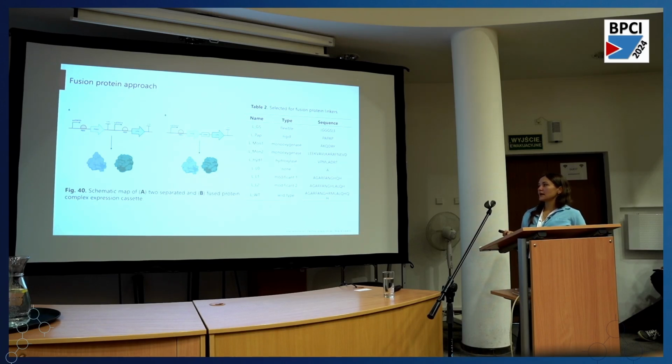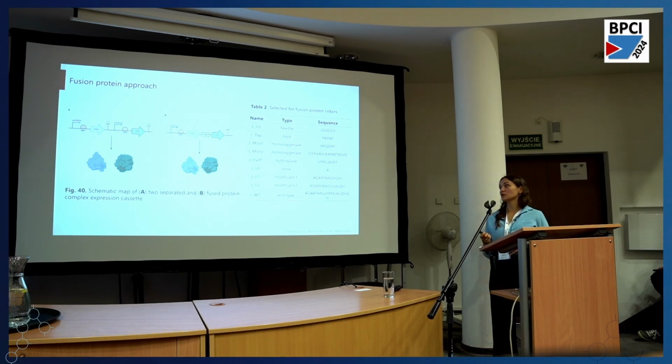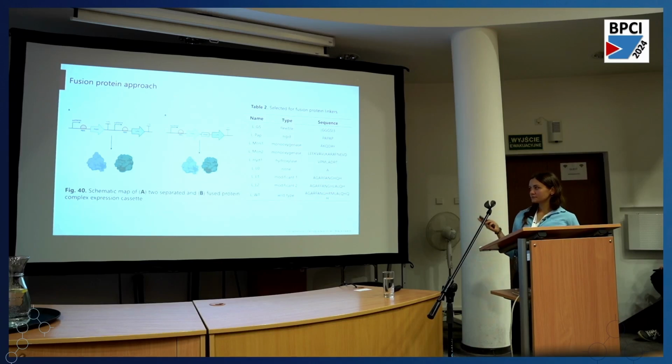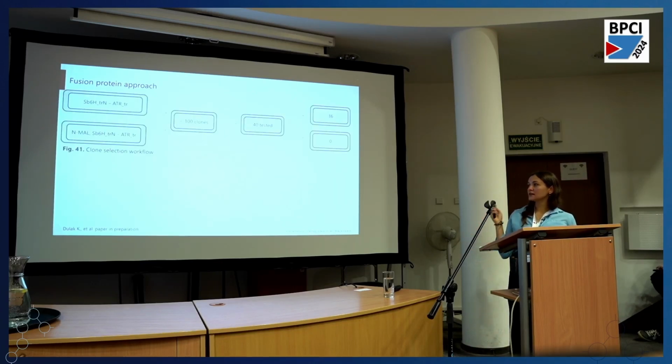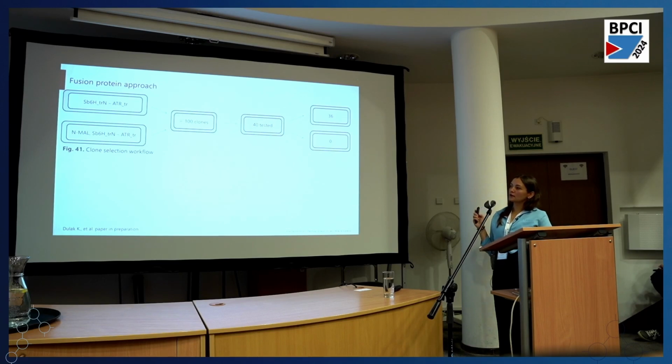We selected them based on type, and also on some literature where they were used for exactly the same group of enzymes. And then we cloned that together with the reductase, and also for the two N-terminal variants which gave the best results from the first approach.